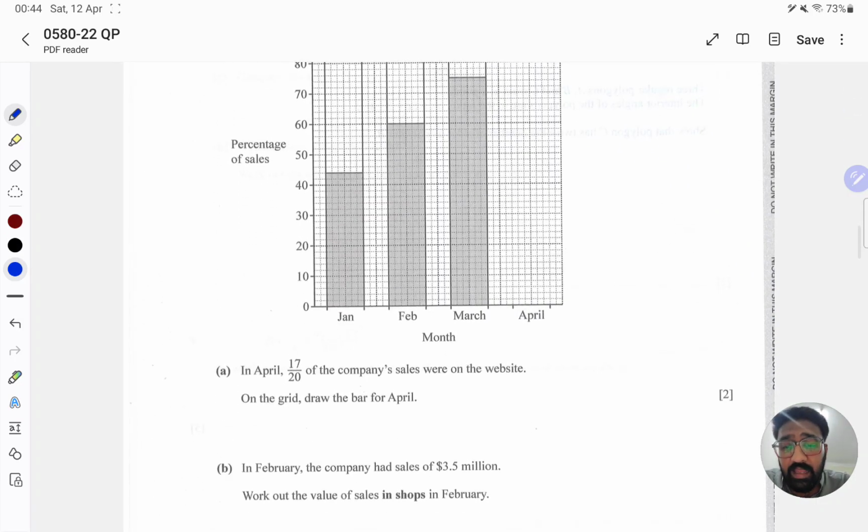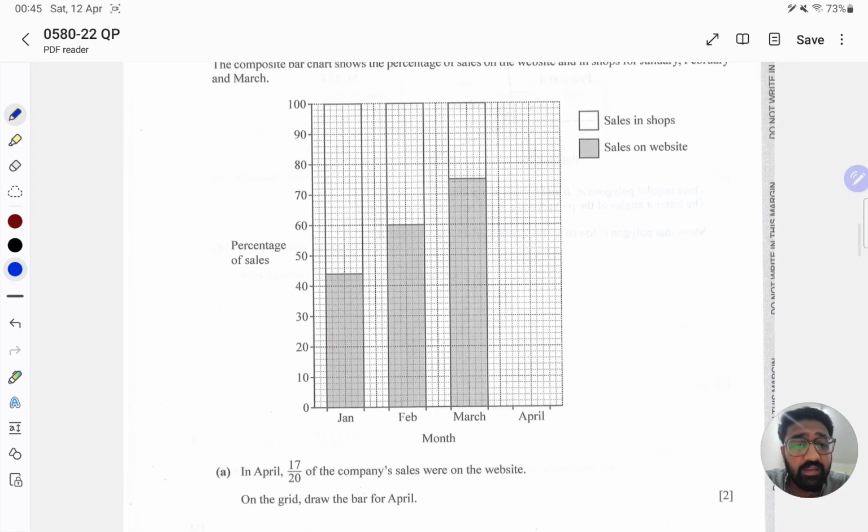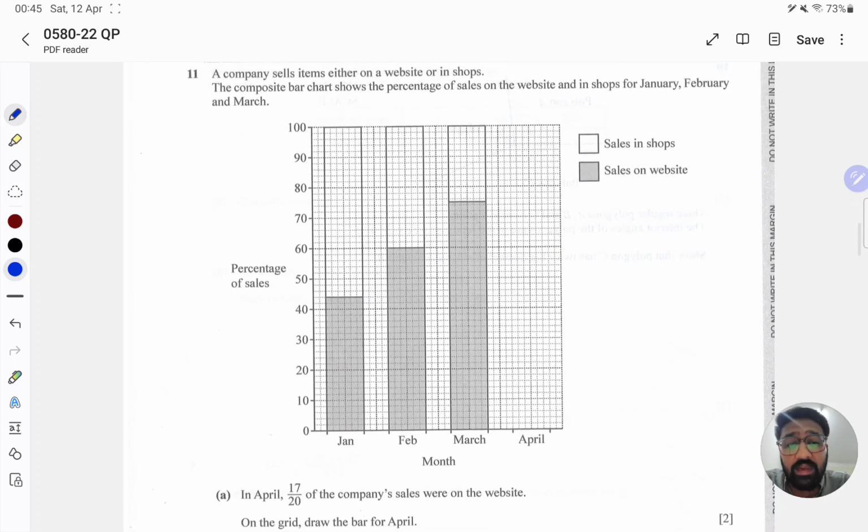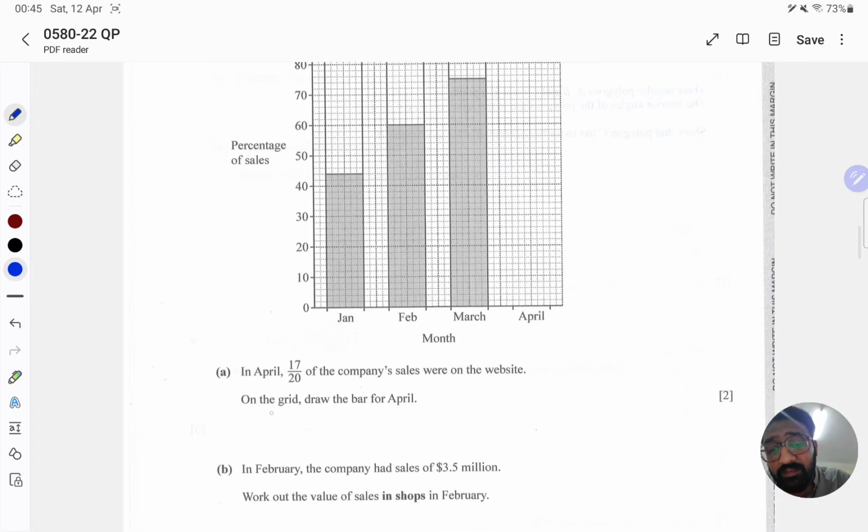He says that in April, 17 out of 20 of the sales were on the website. 17 out of 20, out of the total 100%, is on the website. So we need to find out how we can make this 20 as 100.